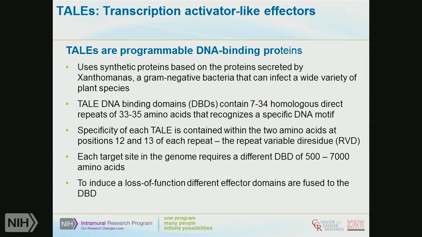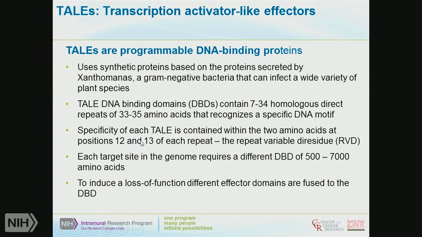So the DNA binding domains that have been developed for loss of function contain 7 to 34 homologous direct repeats of a series of amino acids, usually around 33 to 35 amino acids. And these are designed to recognize a specific DNA motif. A lot of work has gone in to find out how these work, and it's now known that the key part of the specificity is within the 2 amino acids at positions 12 to 13 within each repeat.